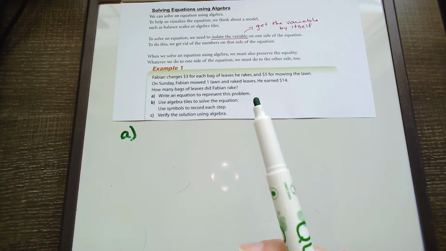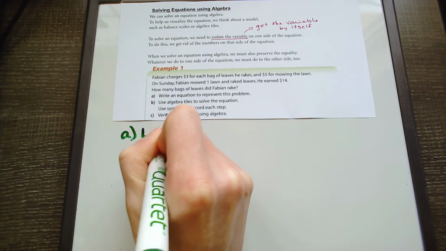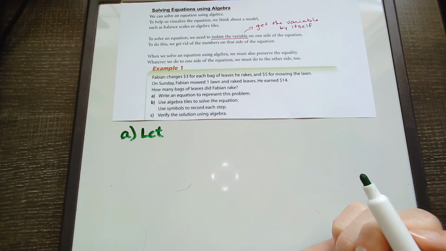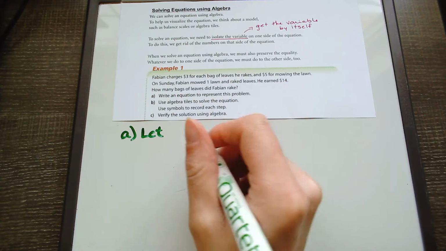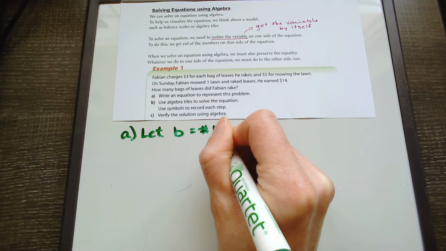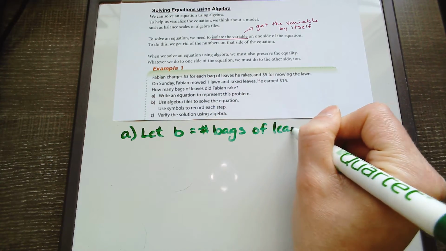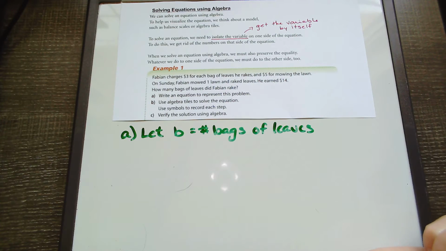First, we need a variable. He has bags of leaves, so let B equal the number of bags of leaves that he raked.